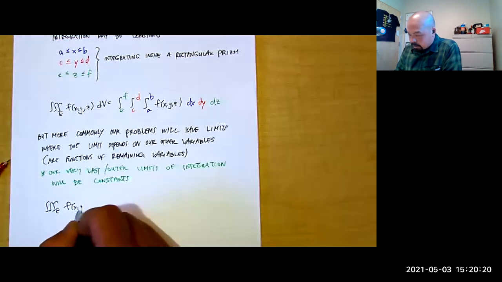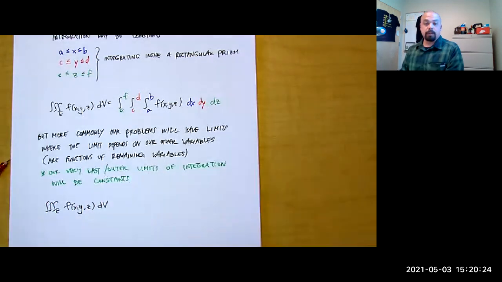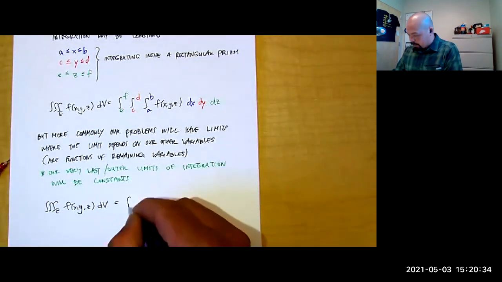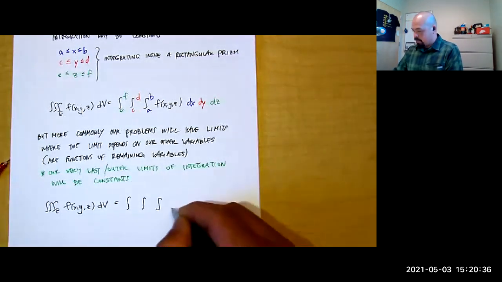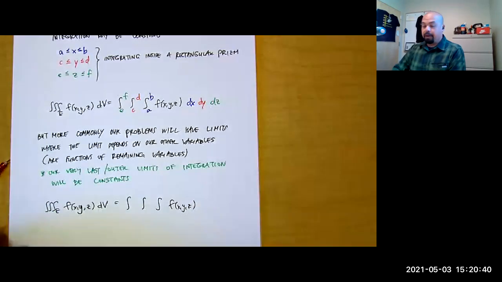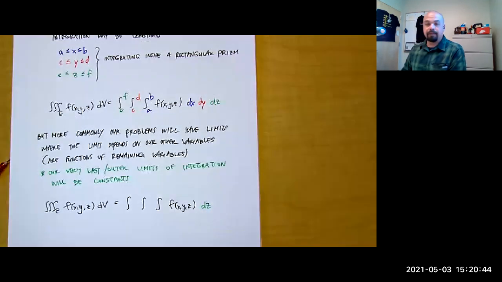And again, depending on our region over which we're integrating, that surface, so on, we might have to take a look and see, okay, what's going to be the best organization, the best bet. But it may be a case when, as we look at these, let's say, for instance, if I'm going to integrate with respect to z first, right?